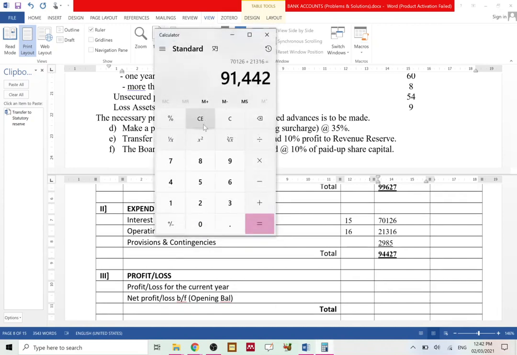Okay, so one alternative is looking into the working note, where we have already calculated, but to cross check if that is correct, just minus the expenditure from whatever incomes that you have, and you will again get the same figure, and you can cross check if that is correct, right?